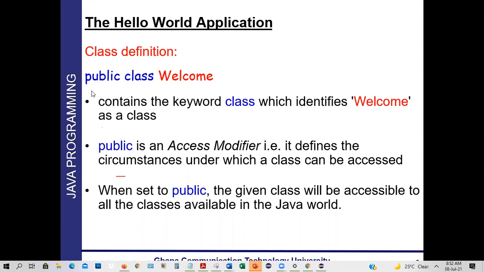And then the word public is also another keyword in Java, or reserved word, and we call it an access modifier, in the sense that it modifies access to the class. When we say public, of course, it's just the English word public. What it means is that it's accessible to every other person, or to the public, as we say public toilet.